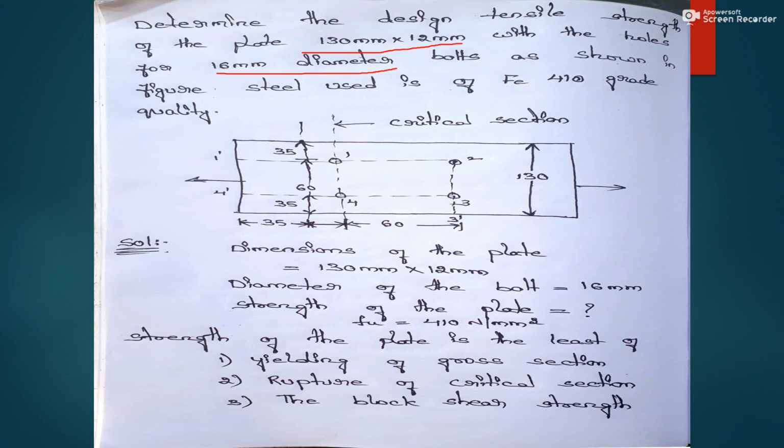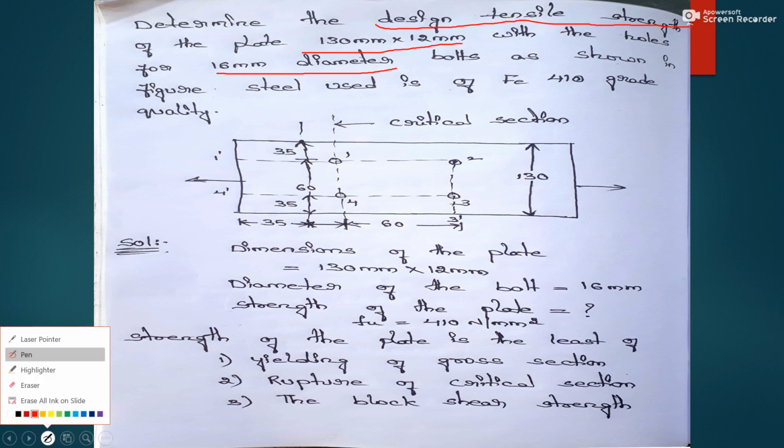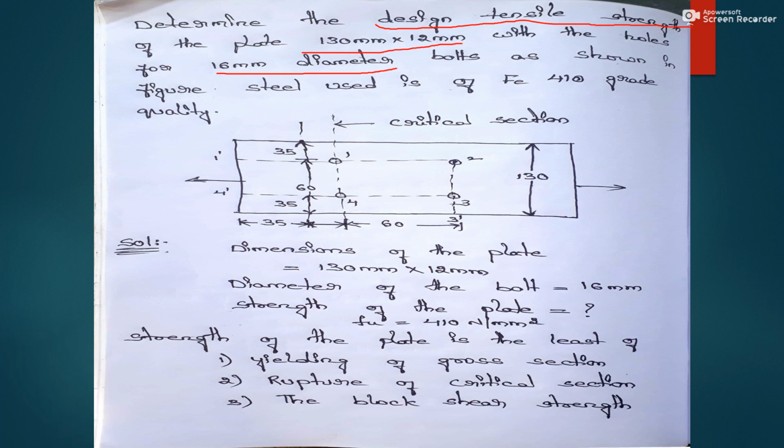So the question is like this and the diagram is given here. So for this figure we need to find out the design tensile strength for this particular plate. So we'll see now how to solve it.